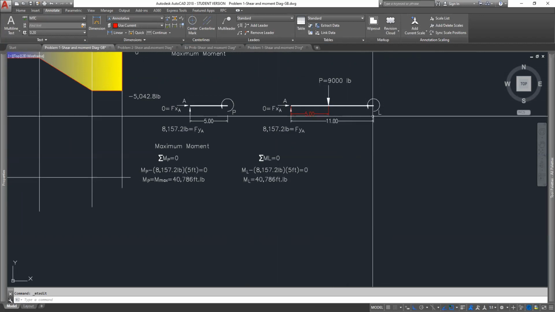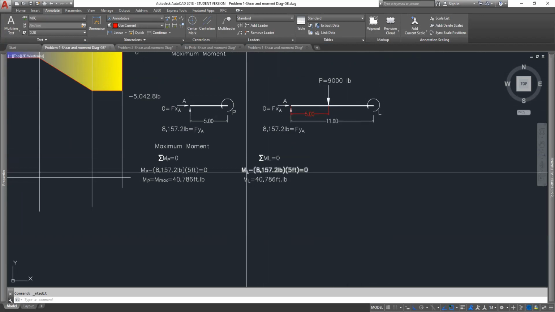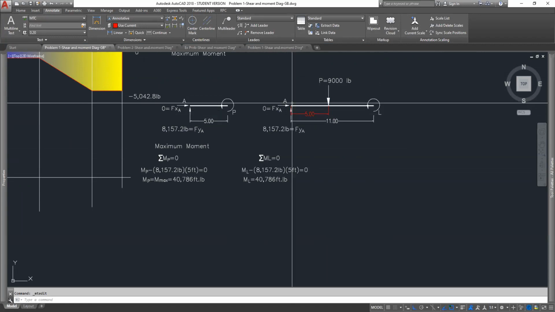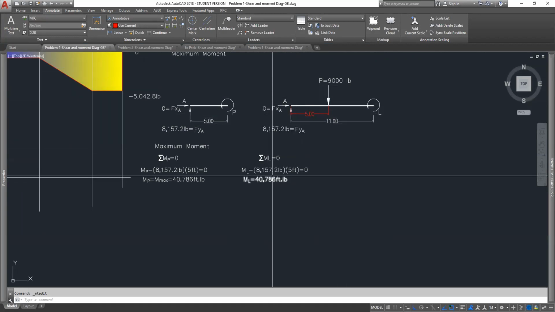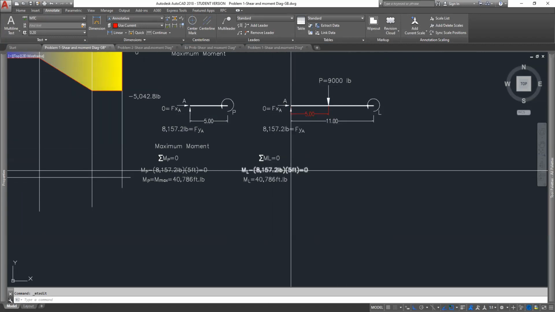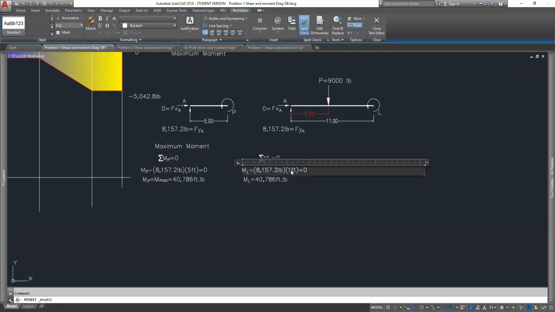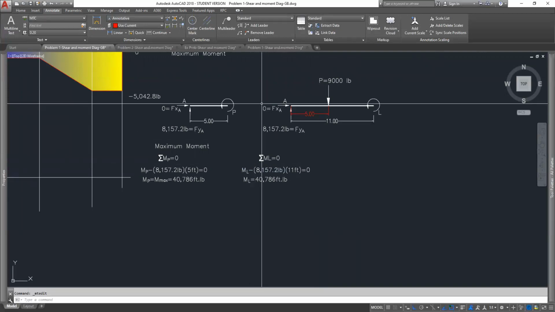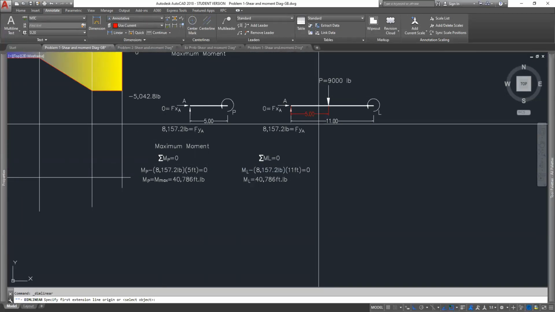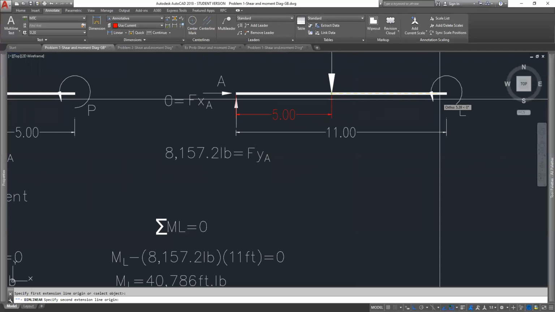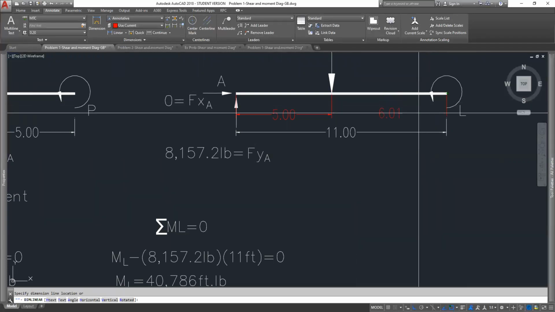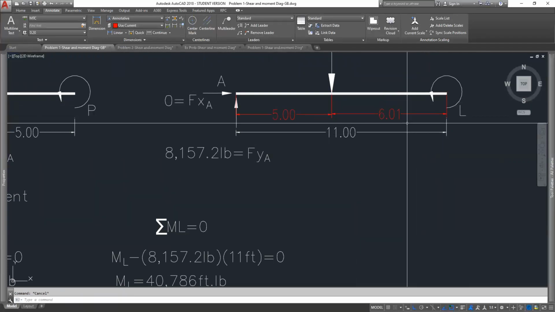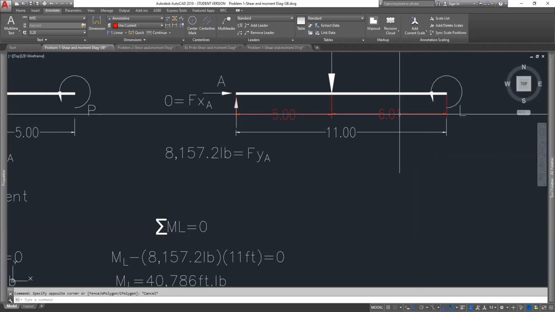We're assuming that it is counterclockwise, so it's a positive ML, minus our clockwise motion in here, 8157.2, but now the distance has changed to 11 feet. And our distance from here to here, pretend that's 6 feet.